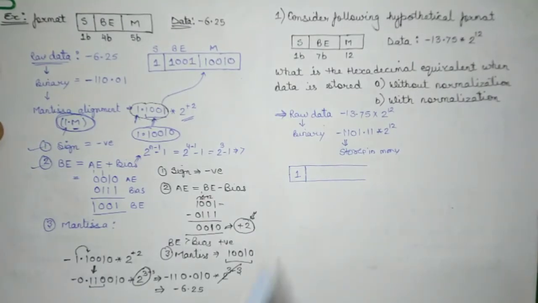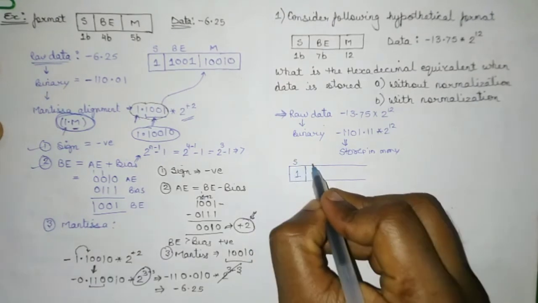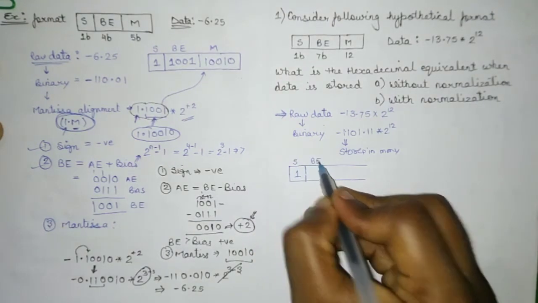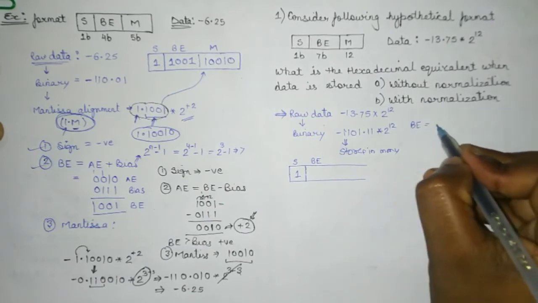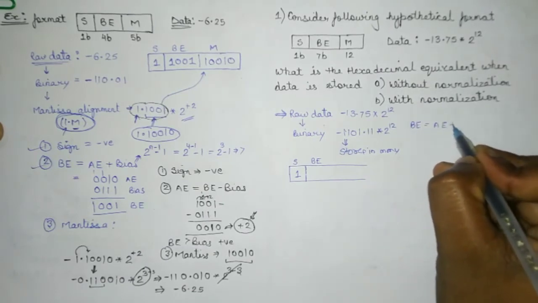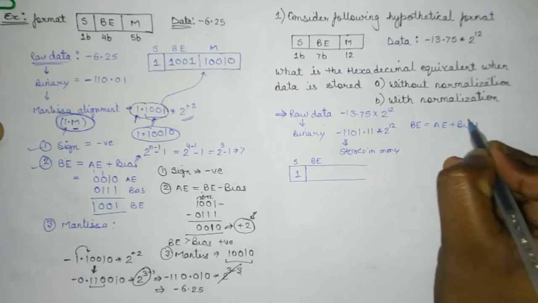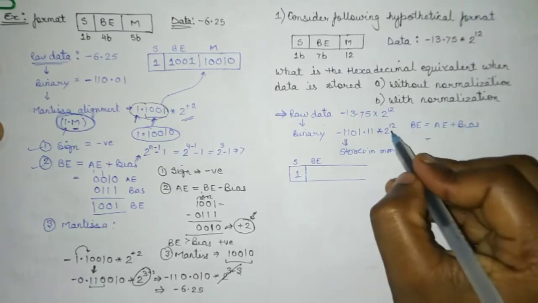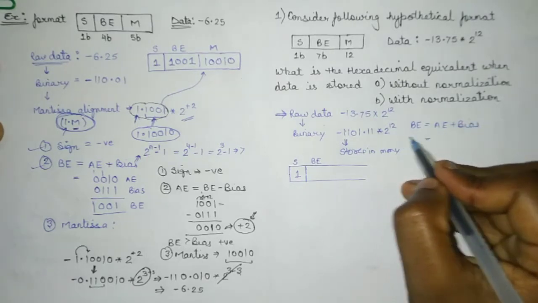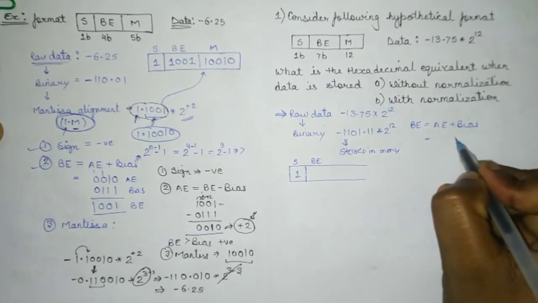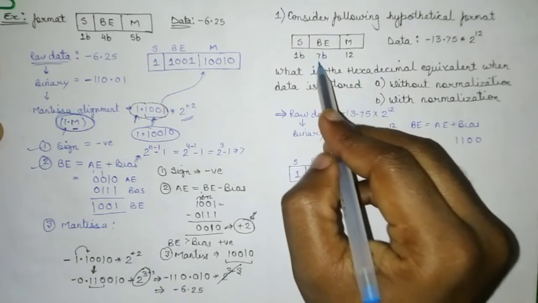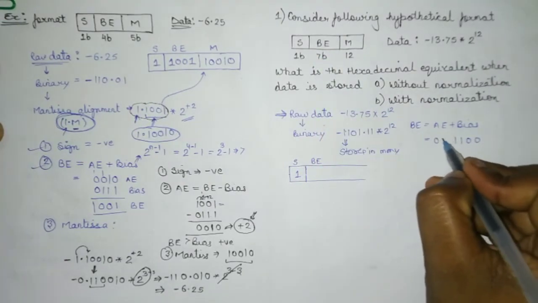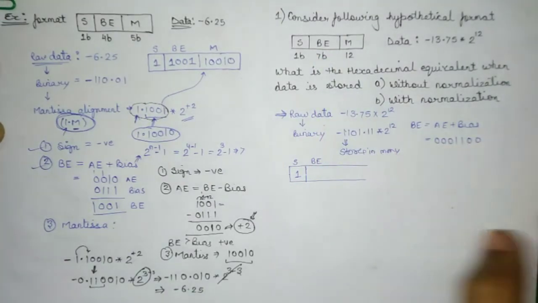This is for the sign. The next task is to find the biased exponent. How can we find it? It is equal to actual exponent plus bias, and this actual exponent is 12. This 12 can be written as 1100, but the biased exponent needs to be 7 bits, so I am padding 3 zeros, and it will be 7 bits.